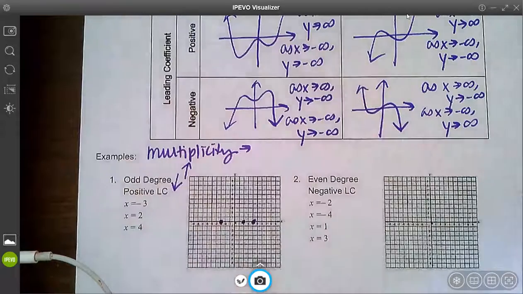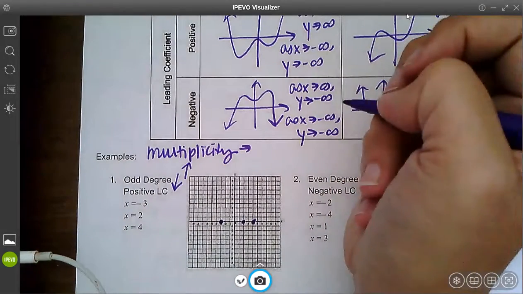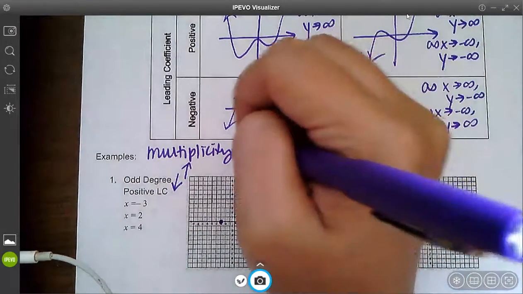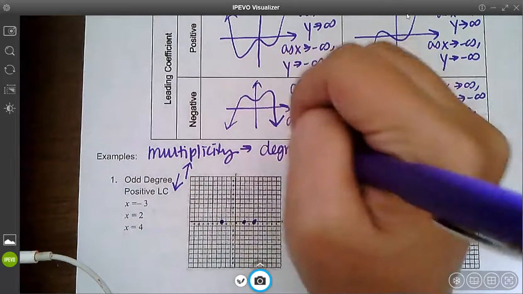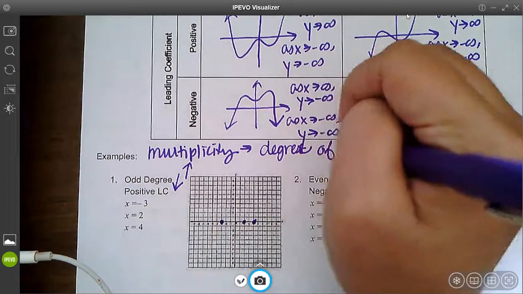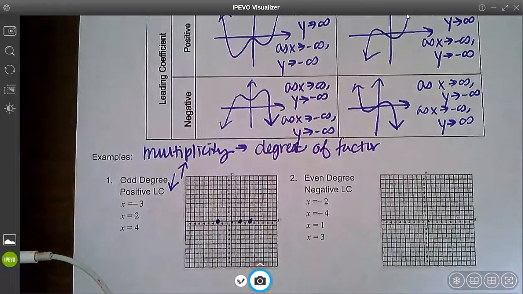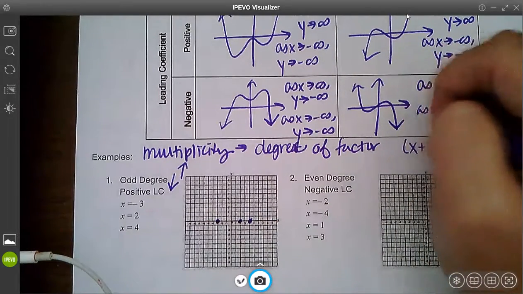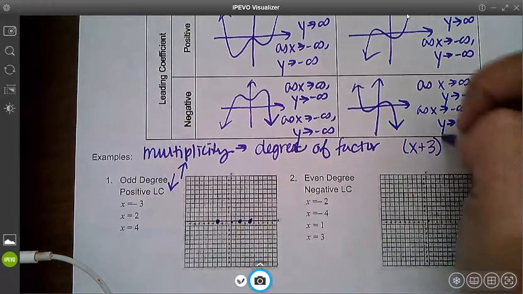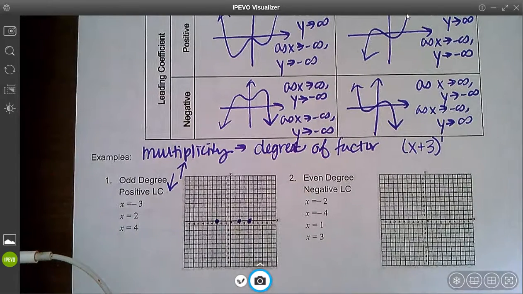The multiplicity is how many times the zeros happen. So it's the degree of the factor whenever you factor out your polynomial. So here is the x - 3. That means that it has x plus 3 to the first power because it happens one time. If it happens more than one time, then that would be an x squared.